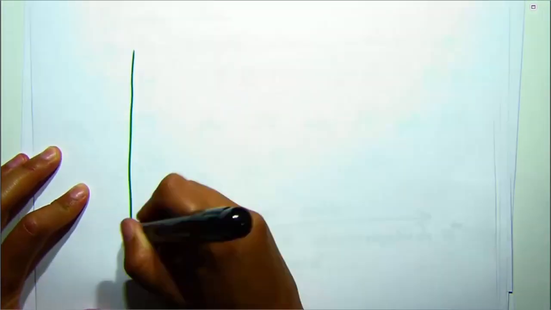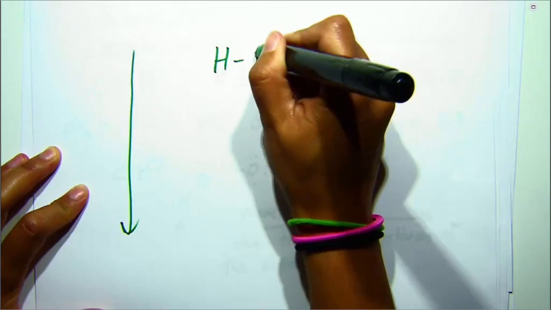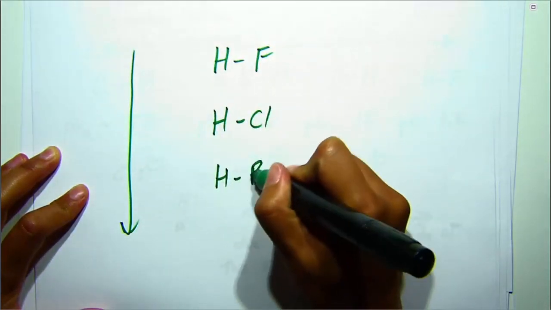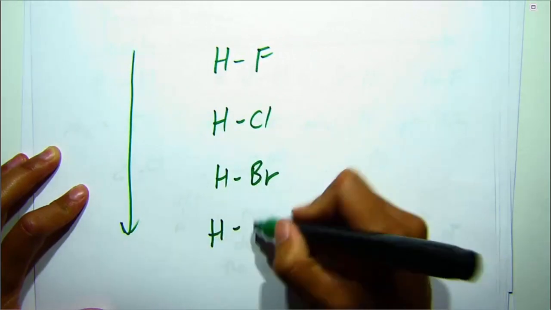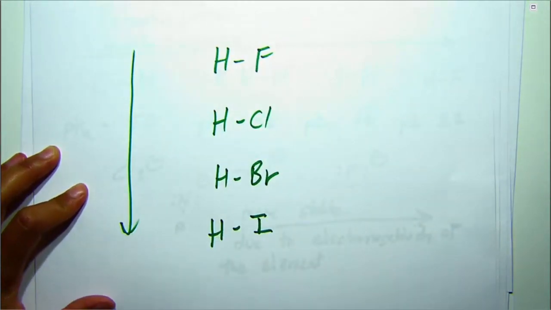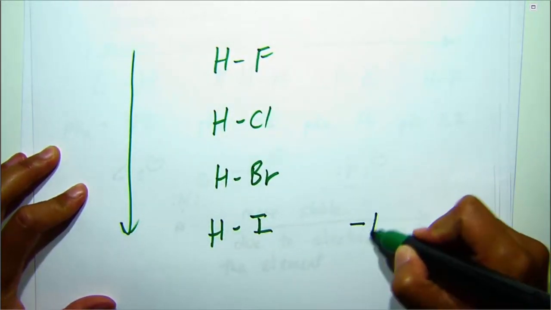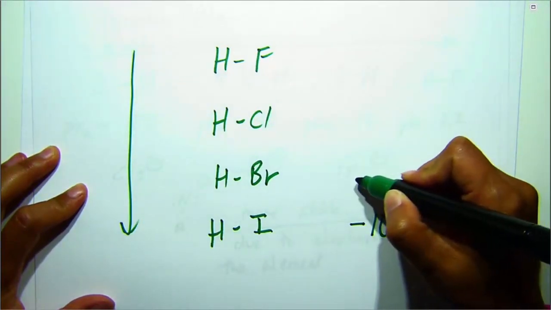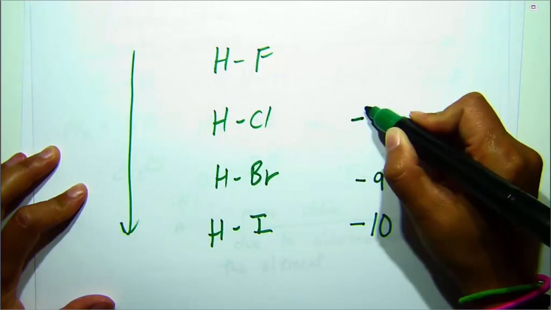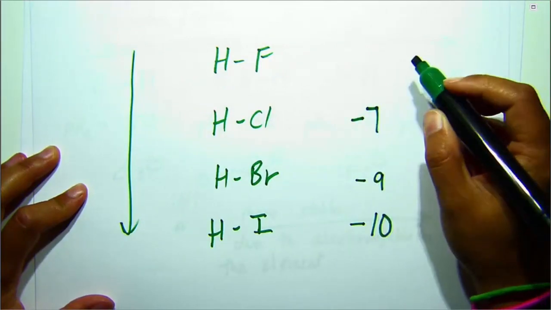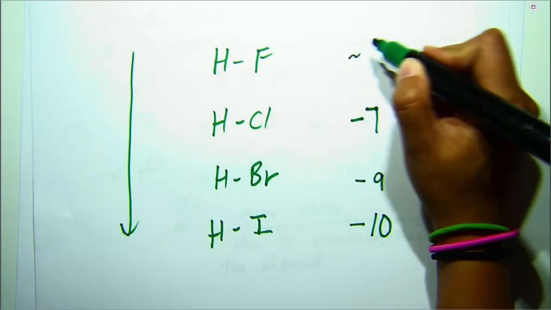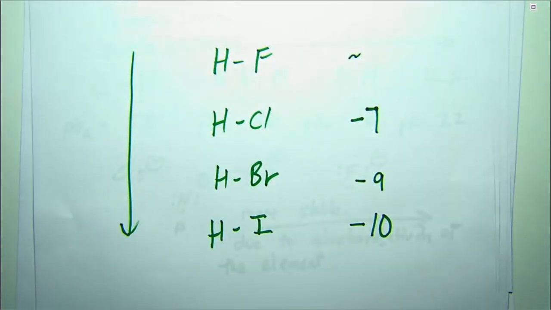So going down the periodic table, HF versus HCl versus HBr versus HI, the pKa's actually decrease. They become more negative, sorry. So negative 10, negative 9, negative 7. And we know this was around 3.8, 3.2.